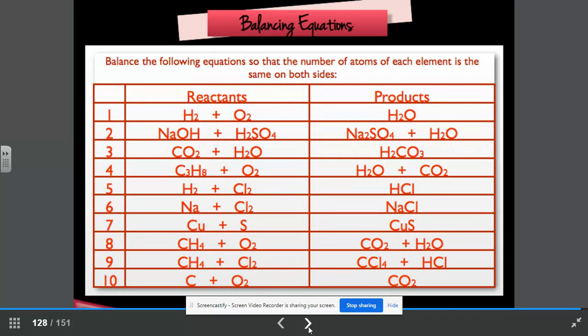Like I said, balancing chemical equations is a little tricky. And once you get the hang of it, you'll find that it's actually fun and easy to do. It makes sense. And always remember that whatever you have on one side of the equation, you have to have on the other side of the equation. They have to balance out. That's why we call it balancing equations.